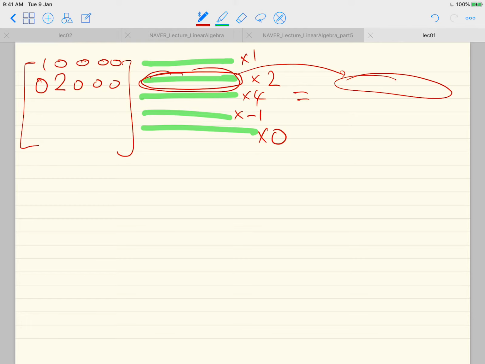The matrix will be a diagonal matrix, with the diagonal elements being those scaling factors and all the off-diagonal parts being 0. So this is the row-wise scaling.